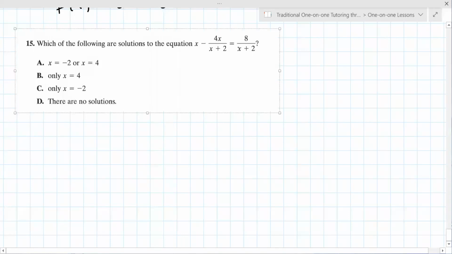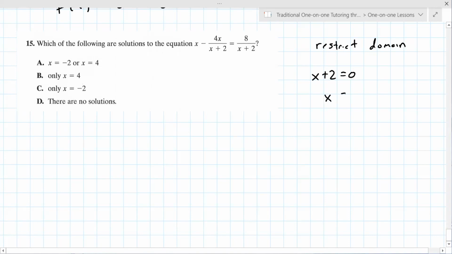To solve this, you first have to realize that you have to restrict the domain. You set the bottom equal to 0, and x cannot equal -2, because when you put in -2, you're dividing by 0. So because of that, we already know that that's out and that's out.